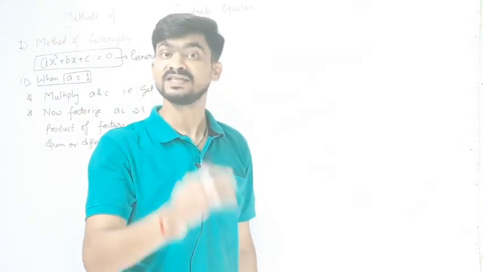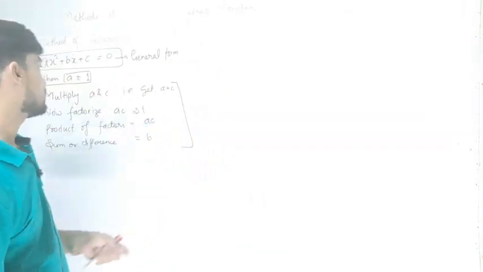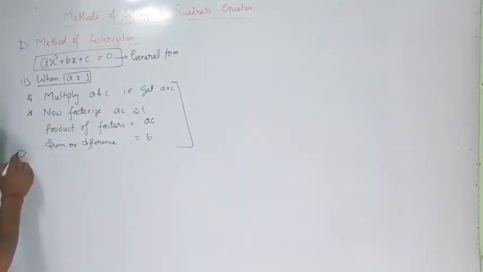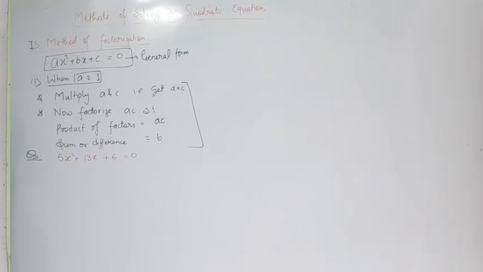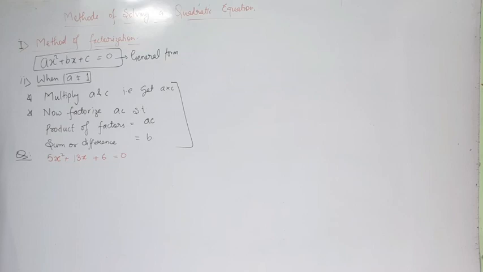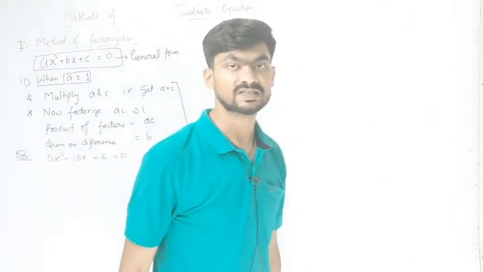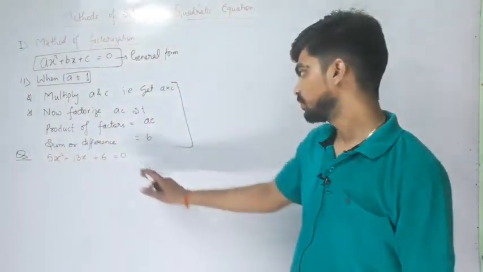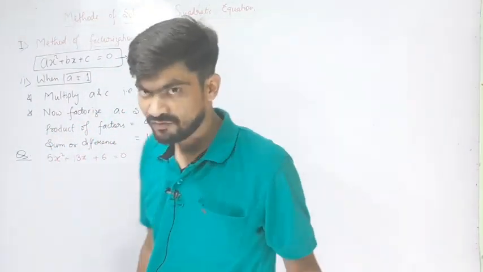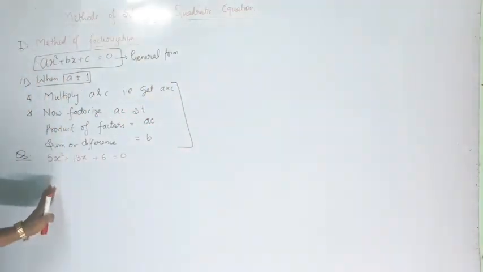So let us see an example to understand more. I take a question 5x square plus 13x plus 6. This we need to factorize. So it is obvious that here a is not equal to 1.